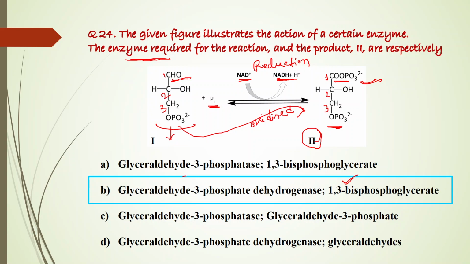So the enzyme that is working here is basically glyceraldehyde 3-phosphate dehydrogenase. If you look at the structure of the molecules, it is actually very easy. Even if you don't know the answer, from the action that is taking place and from the basic name, it is very easy to identify the enzymes and the resulting substrates.